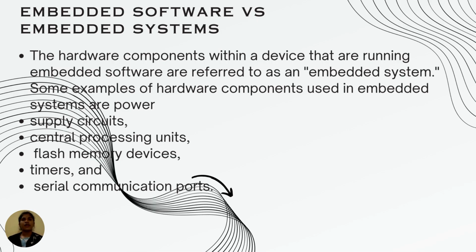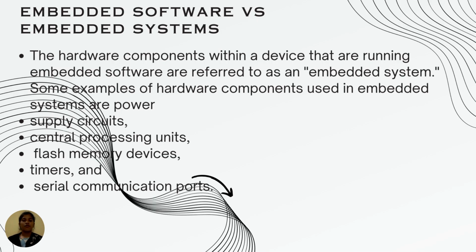So generally, when we learn about embedded software, we get confused about what is embedded software and what is an embedded system. So we're going to see embedded software versus embedded system. The hardware components within a device that are running embedded software are referred to as an embedded system.